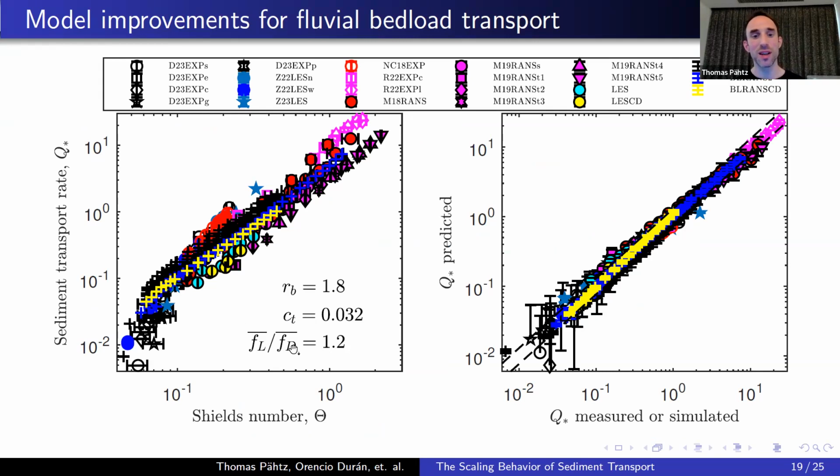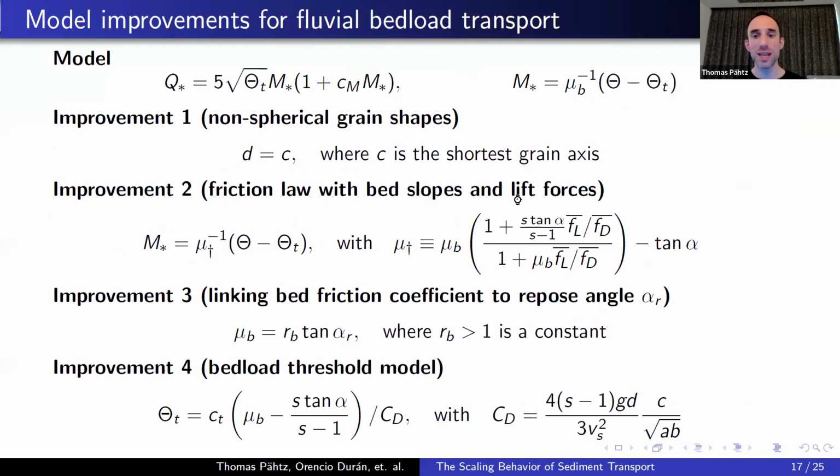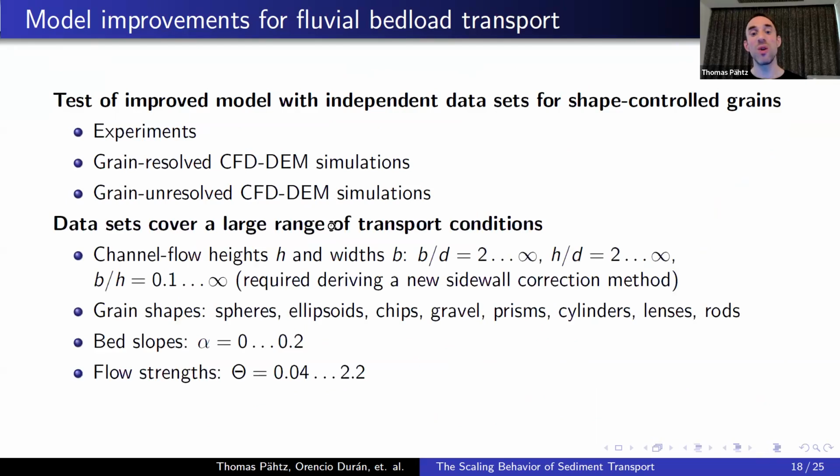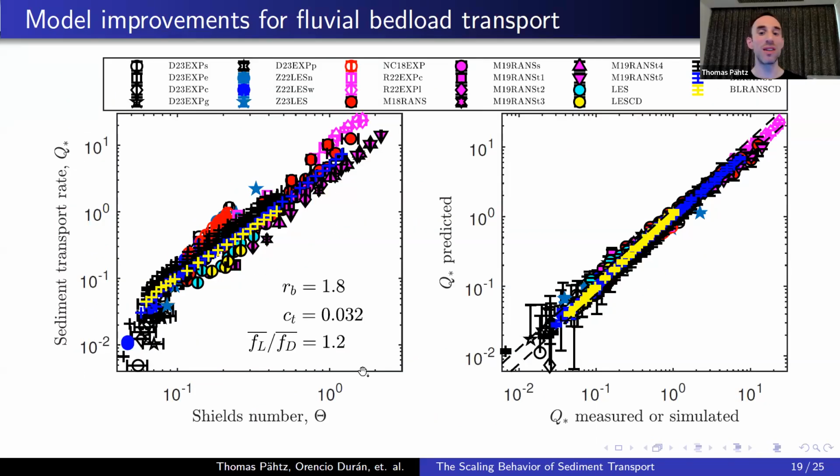Okay. So as soon as lift force is equal to 0, this basically becomes just μ_b minus tangent alpha. But once we have lift forces, how do we know this value 1.2 or whatever we have?